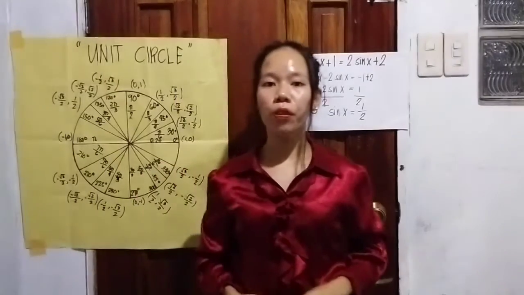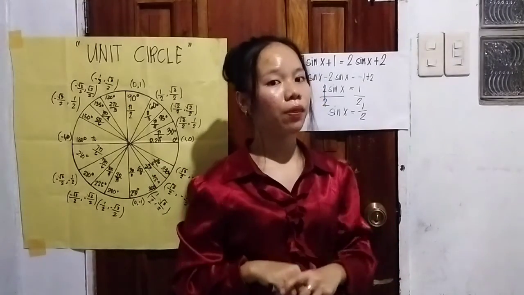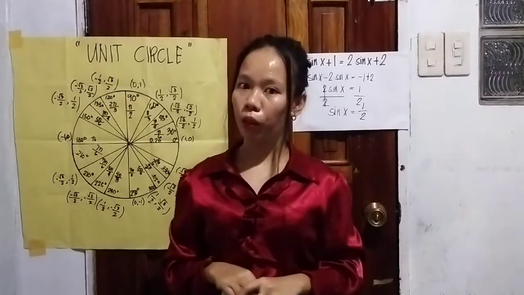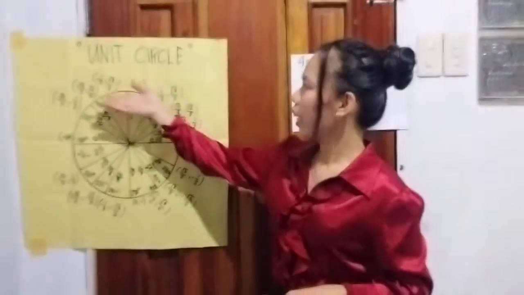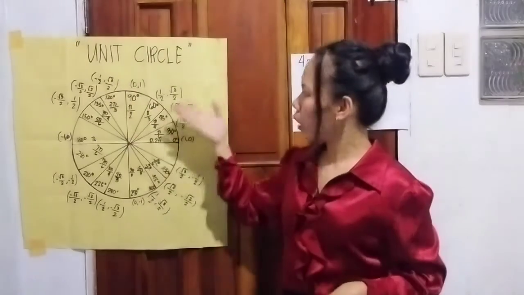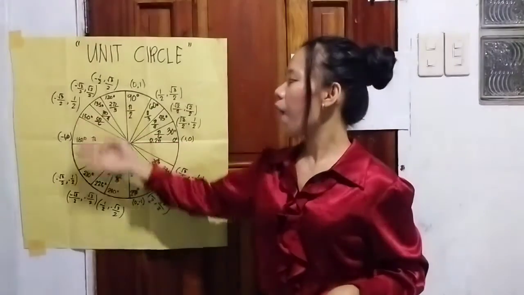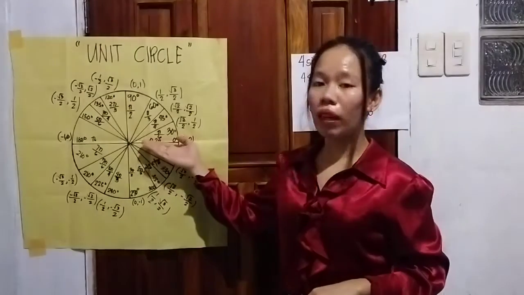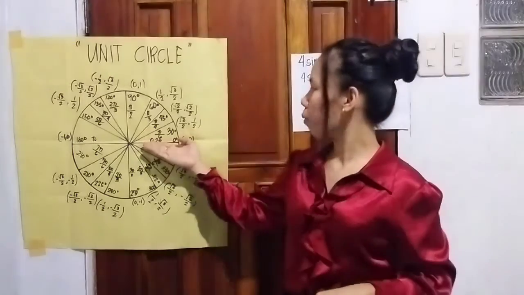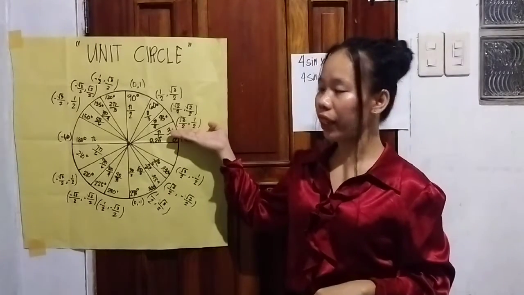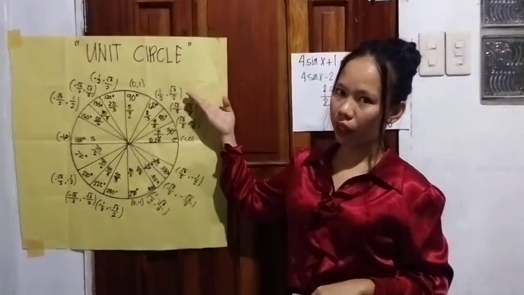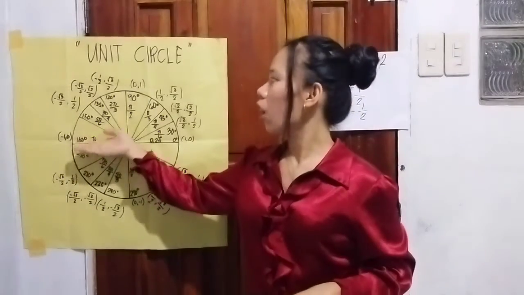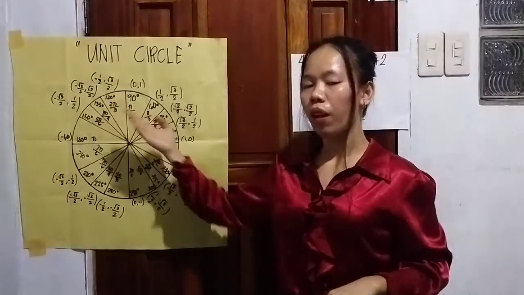Now, to solve for x, we can take the inverse of sine 1/2 or look at the unit circle. This is our unit circle, quadrant 1, 2, 3, and 4. Observe that 1/6 pi has a value of 1/2 located in quadrant 1, as well as 5/6 pi located in quadrant 2.